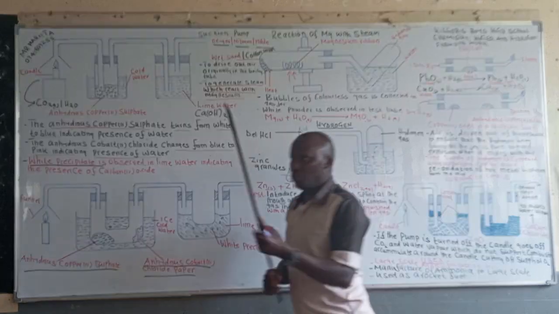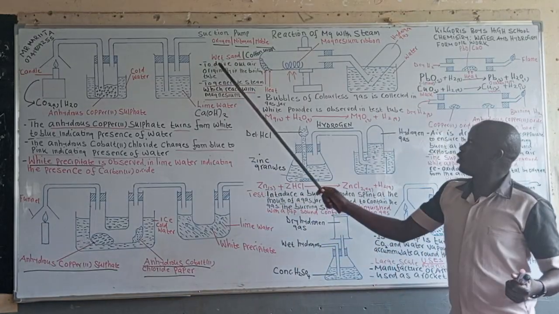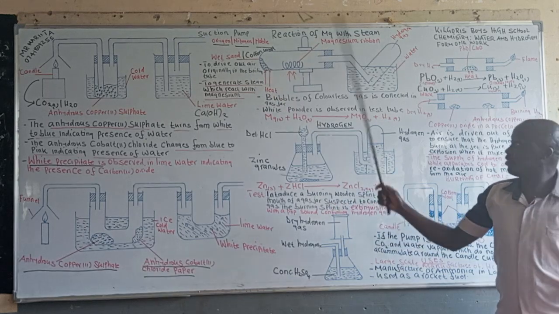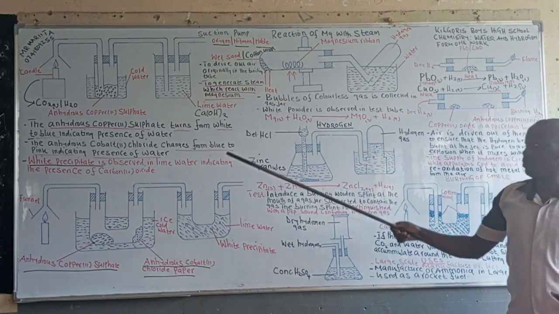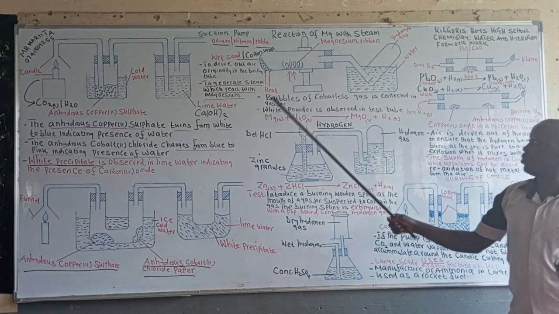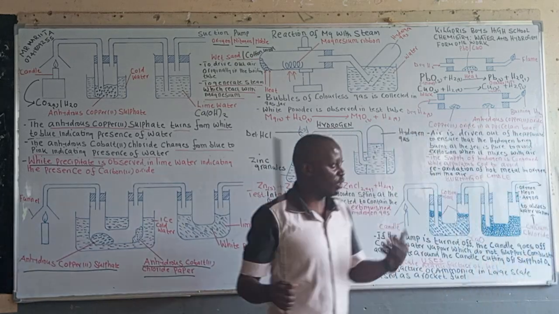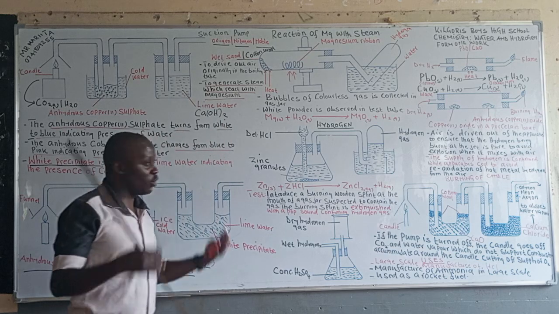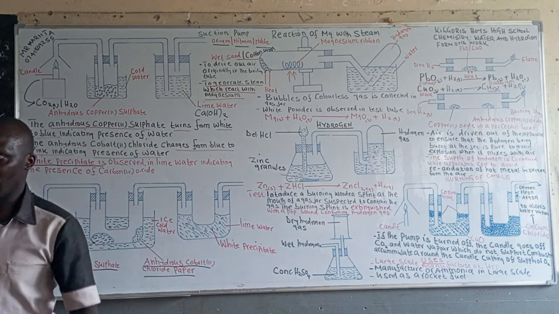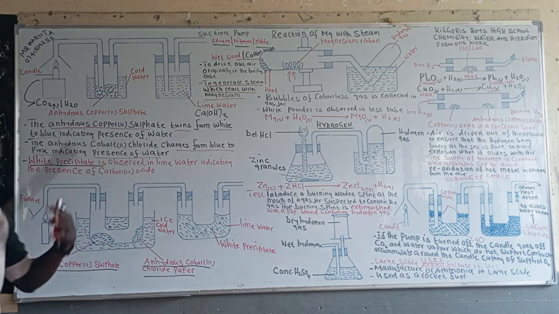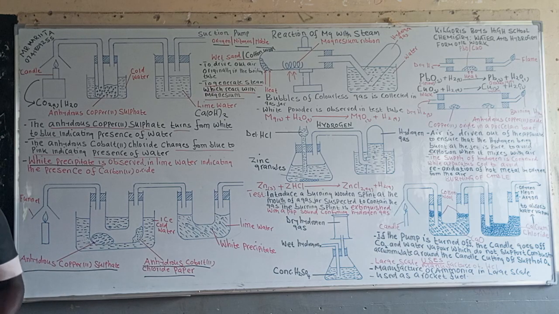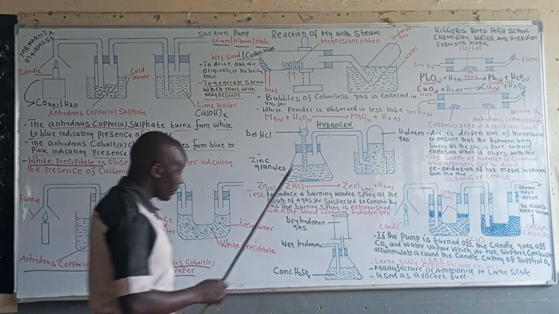So there are two reasons why we are heating this sand: to drive out the air originally in the boiling tube, and also to generate steam which can react with magnesium. A very important point to note, because somewhere you will be required to give a reason why the sand or the wet cotton wool must be heated first before heating the magnesium ribbon.